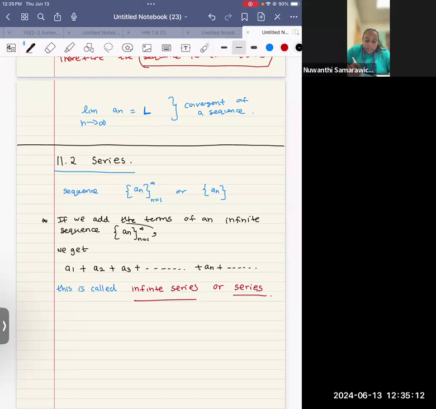Remember, here we have an infinite sequence. If we add all the numbers, we have an infinite series. Then we write the notation of an infinite series. We write it like this. This is called the summation.